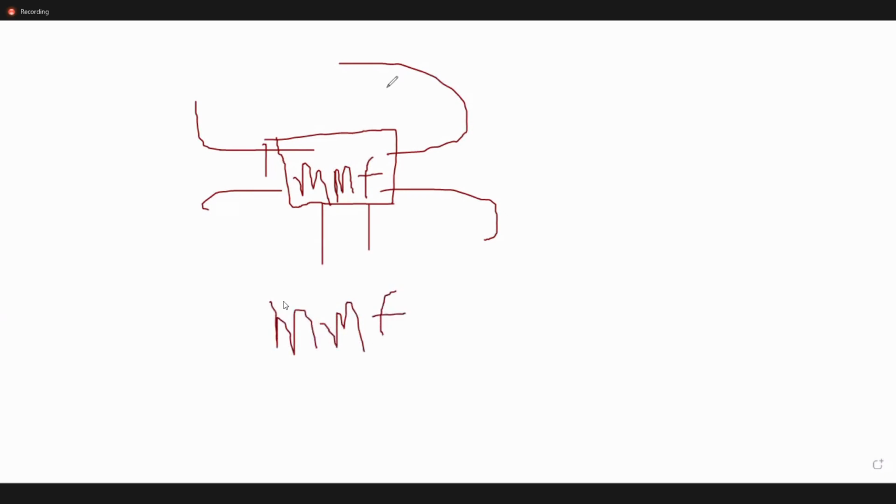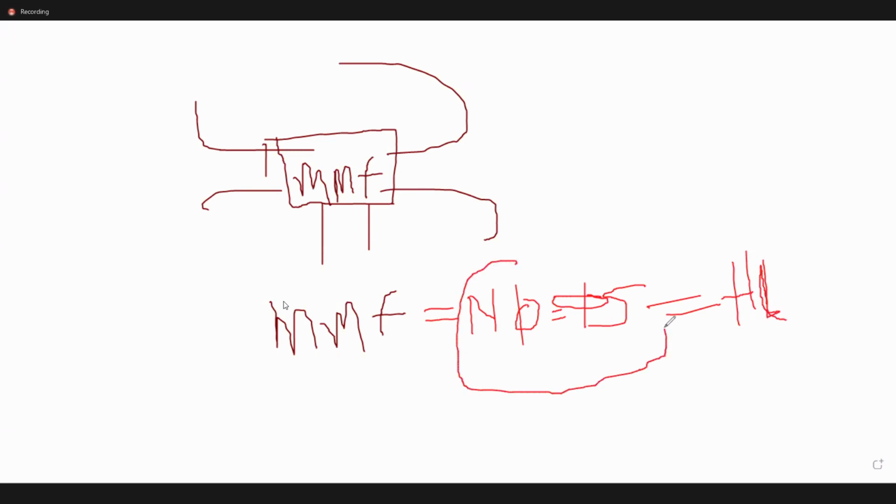Ni is equal to phi S. S is a reluctance, equal to l by μA, where l is the length of the magnetic substance. Then we'll take the help of these two formulas. We will equate these two. Ni is equal to phi S.